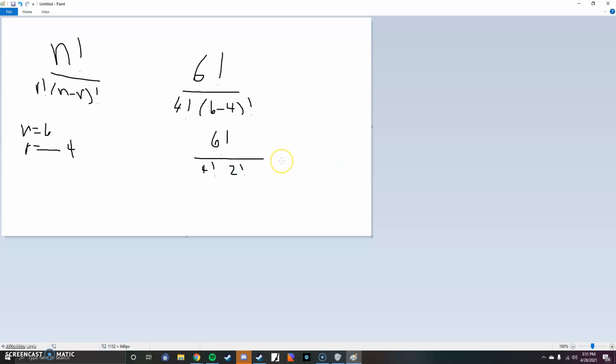In order to put this in the calculator, you can write it out. It would be 6 times 5 times 4 times 3 times 2 times 1 over 4 times 3 times 2 times 1, and then 2 times 1.